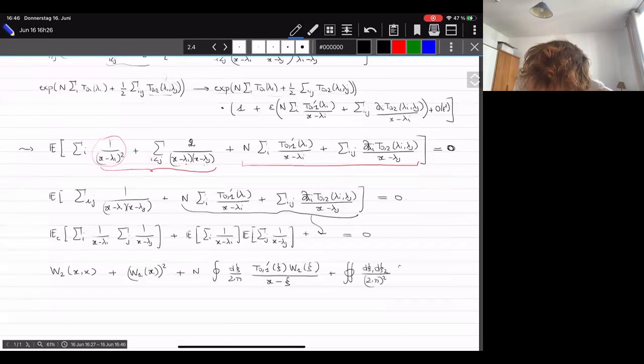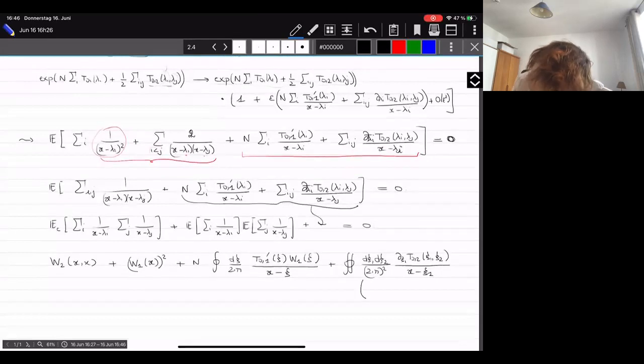So I replace lambda I by a variable xi1, lambda j by a variable xi2, on which I'm integrating. And then I see x minus xi1. And that is multiplied by W2 xi1 xi2 plus W1 xi1 W2 xi2.